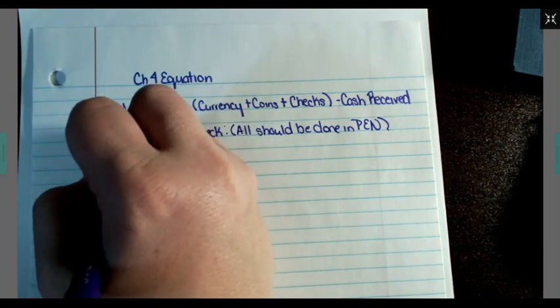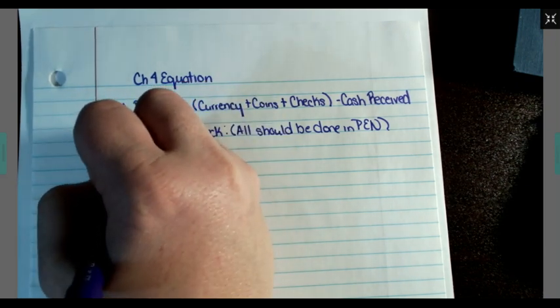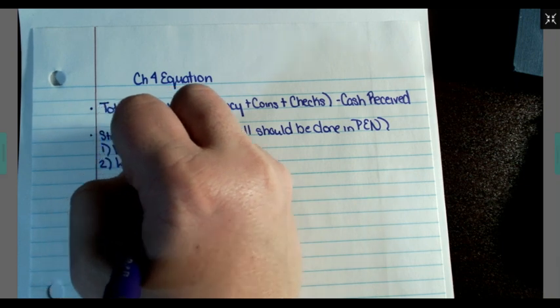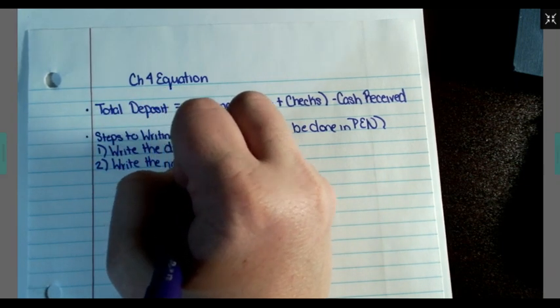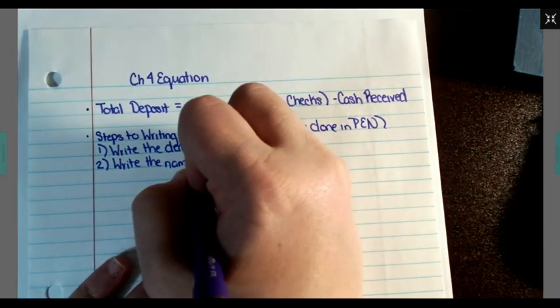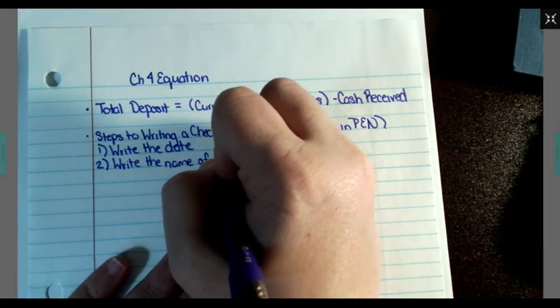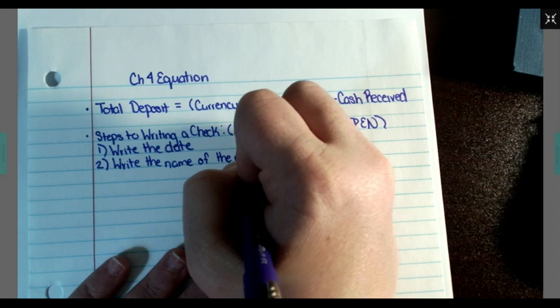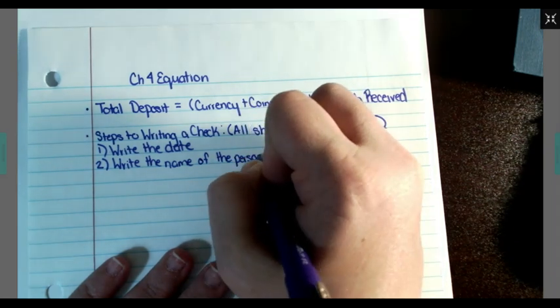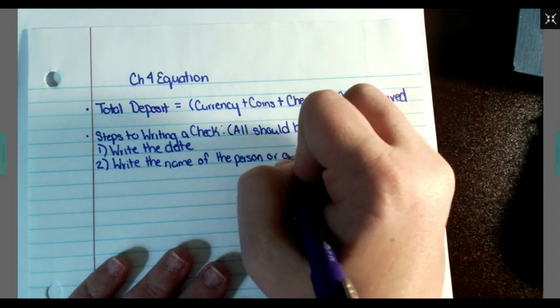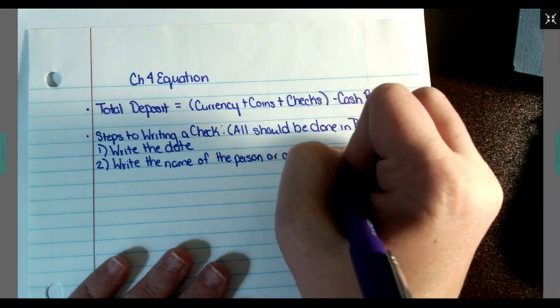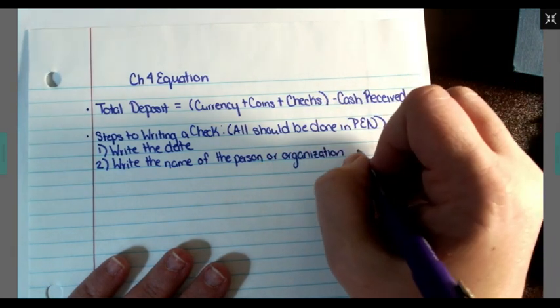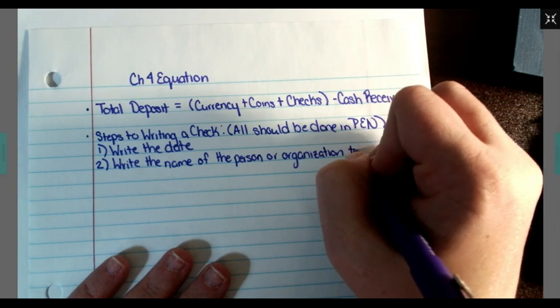Two, write the name of the person or organization to whom payment will be made.